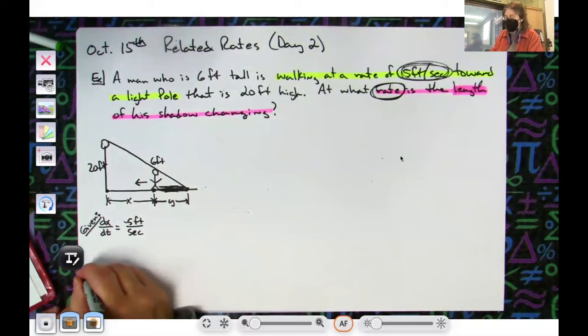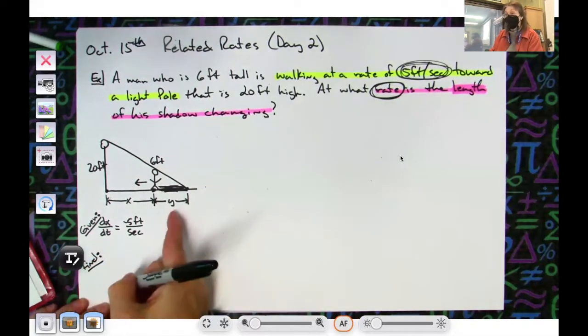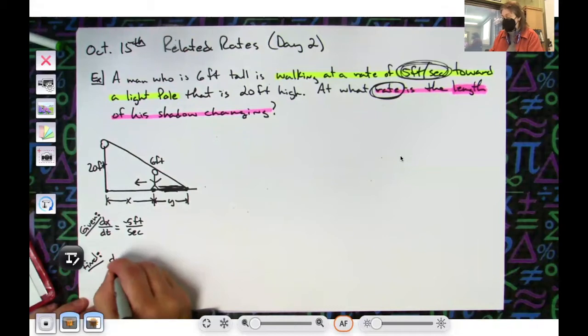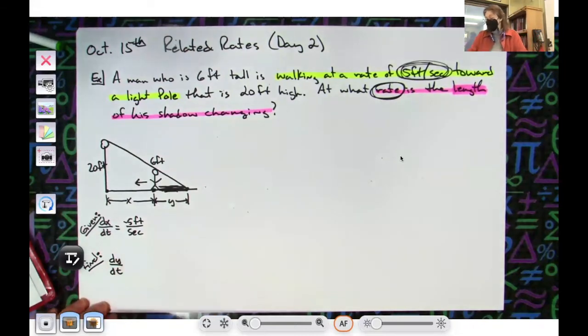So if I called this Y, what am I trying to find? I'm trying to find dy over dt. So are we good so far? I'll let you ponder that a minute.